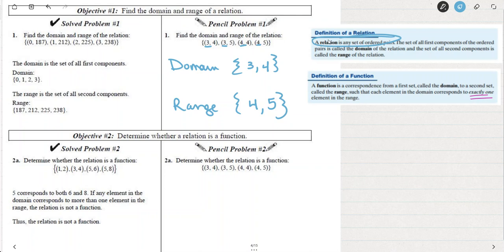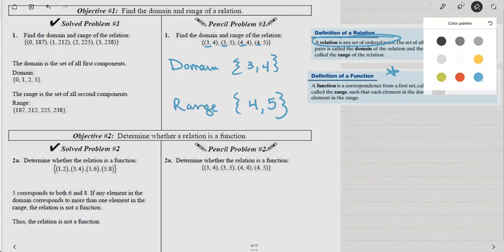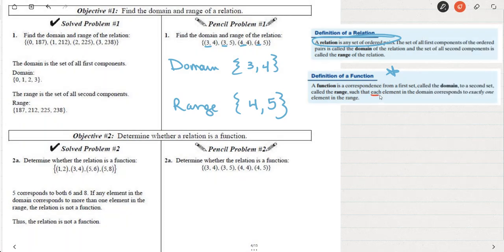Now, there is a special kind of relation. Some relations are a function, and a function is a relation in which every element in the domain pairs to exactly one element in the range.